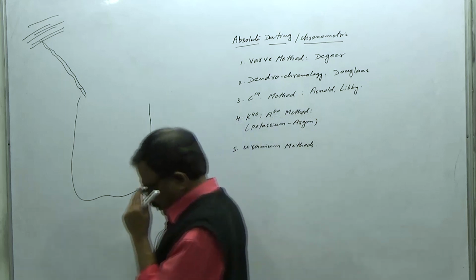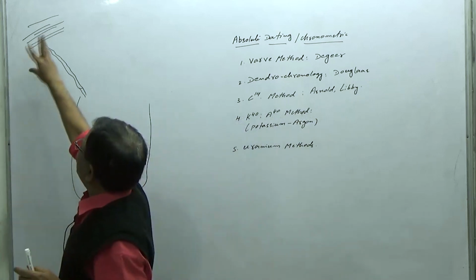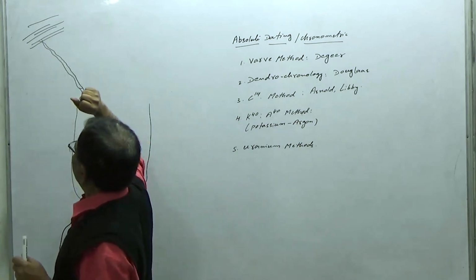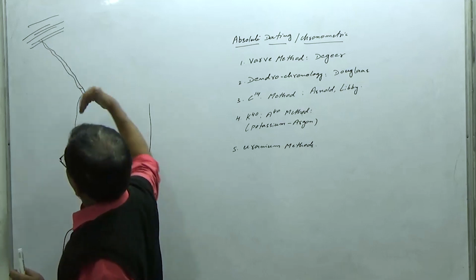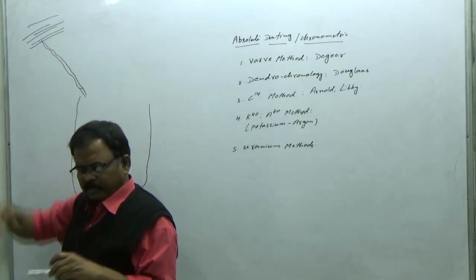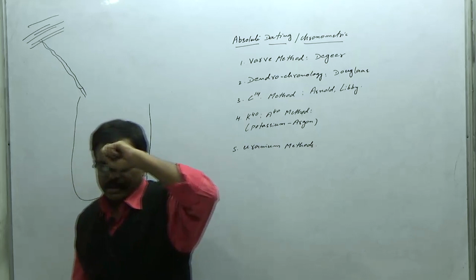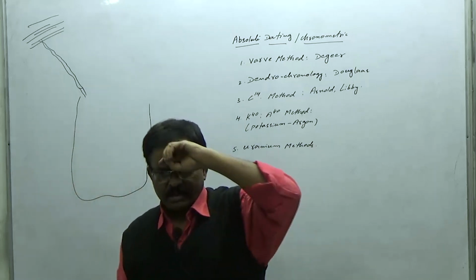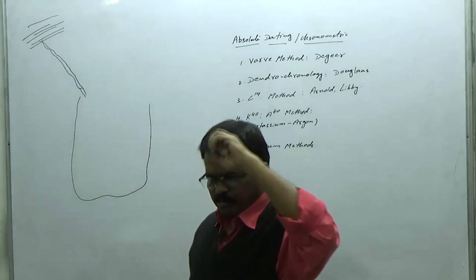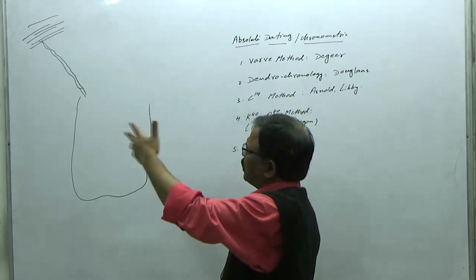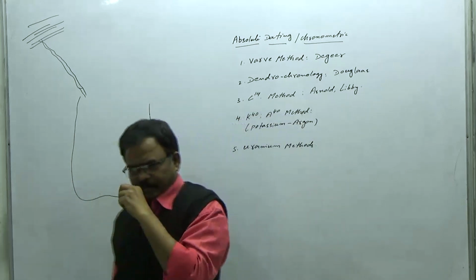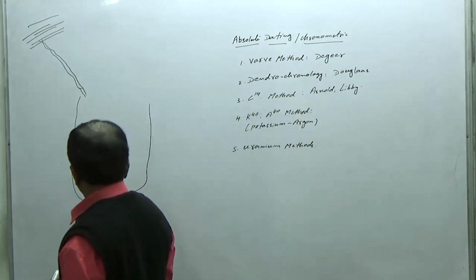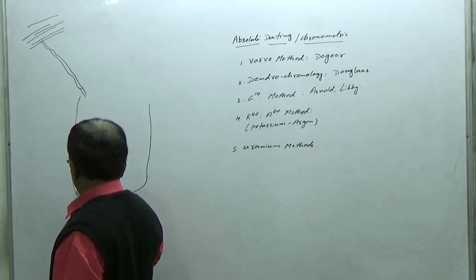Then in summer, when water flow is very high, the water brings along with it mud, sand, rocks, pebbles, which come along with the water stream. Then they deposit in the bottom.